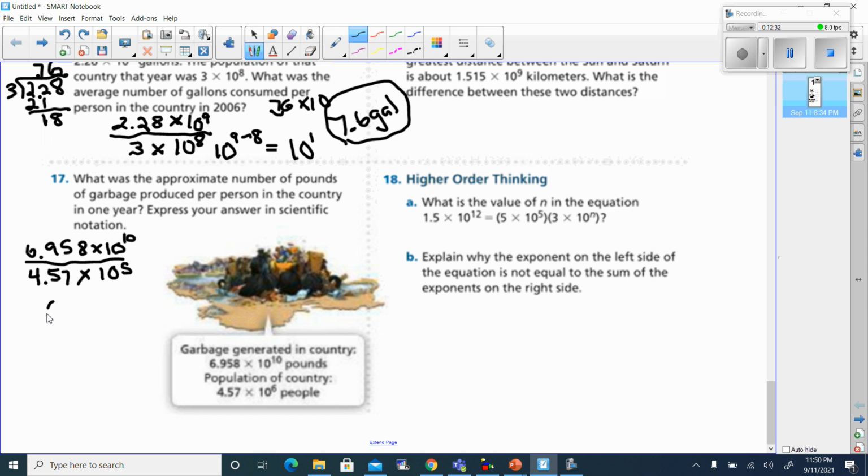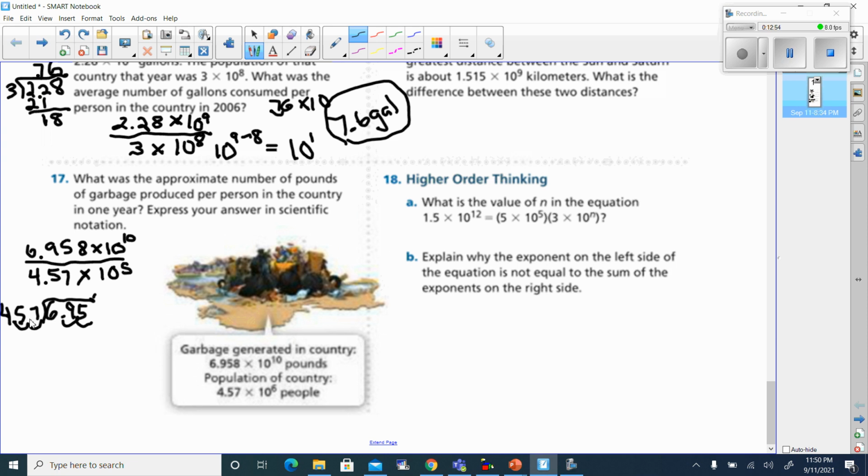We've got 6.95. We're going to be dividing that by 4.57. Remember our rules for dividing with decimals, we have to move the decimal place over. So we'll have to move this one over twice as well.